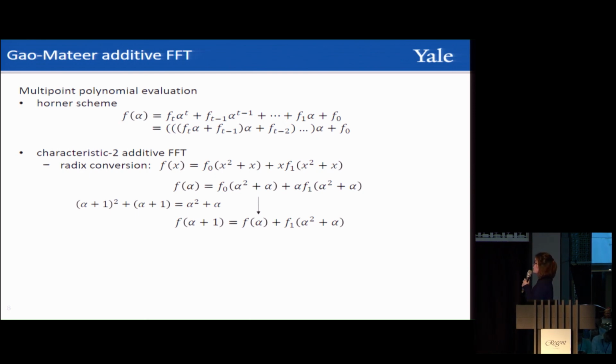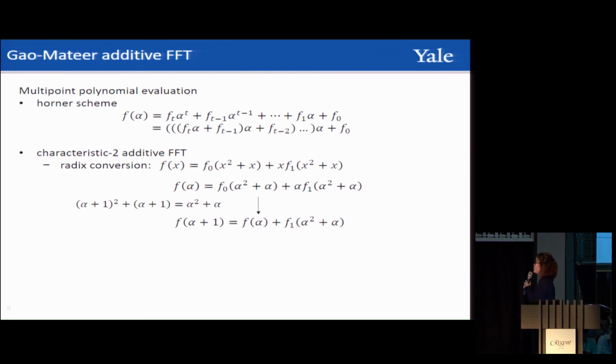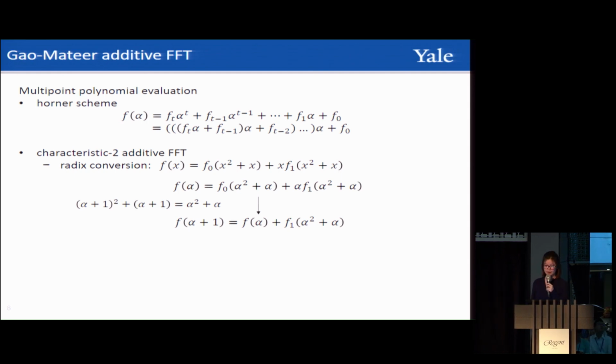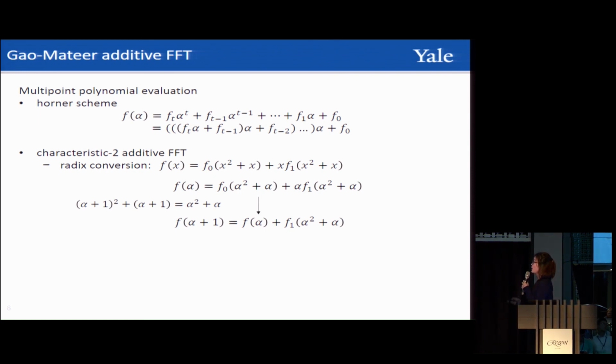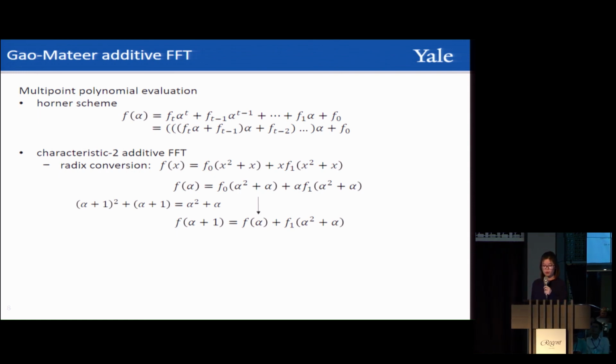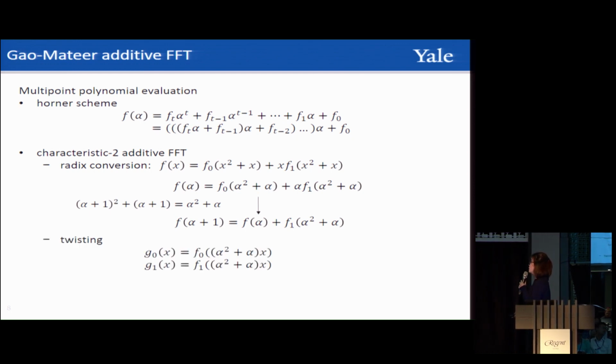But before doing that, you need to make sure that you have the element 1 in your new basis, because you want to apply the alpha plus 1 and alpha trick again and again. So before each radix conversion, you need a twisting operation, which basically maps to some polynomial twisting operation. And you can recursively do this in software until you get a bunch of constants. And then you start the reduction, which I think is equivalent to the butterfly process in Tony's presentation.